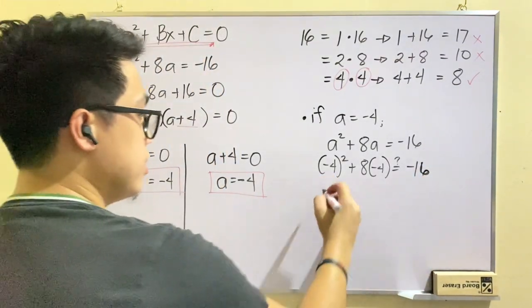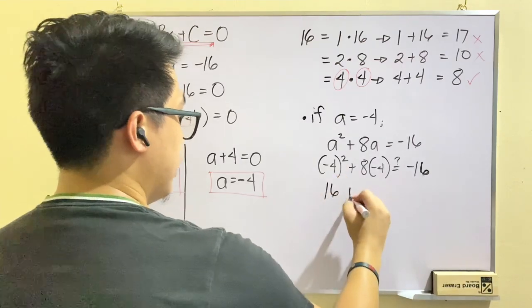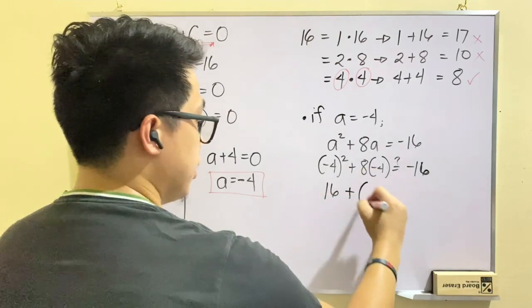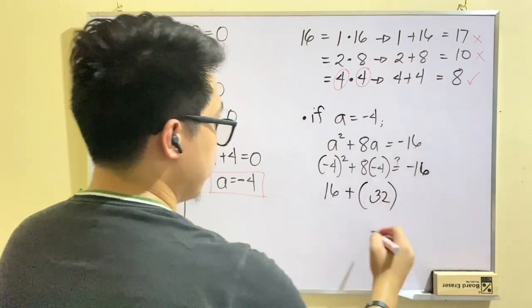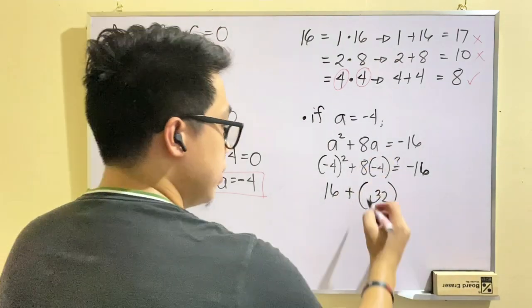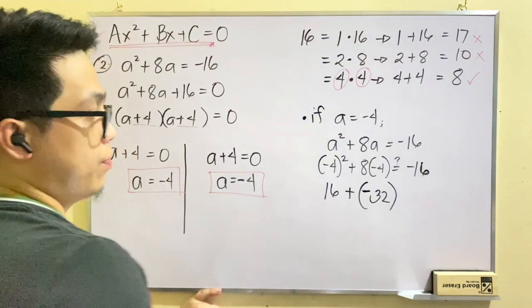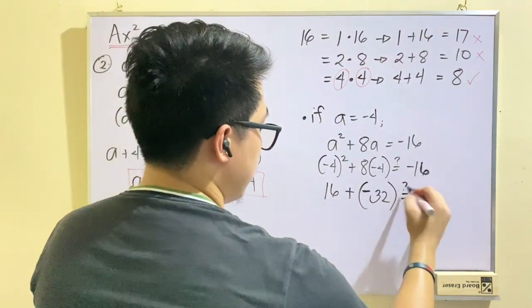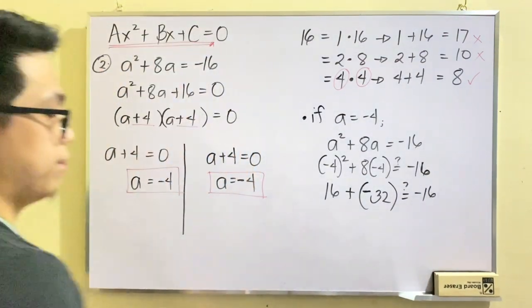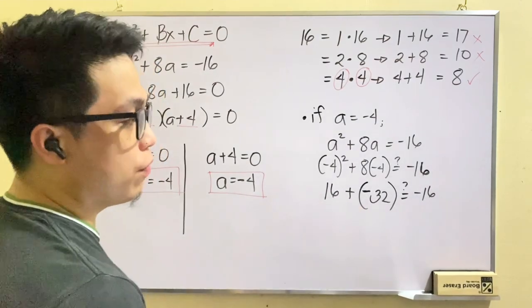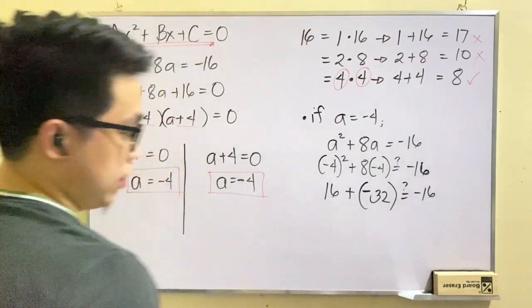Negative 4 squared is 16. Plus 8 times 4 is 32. Pero positive times negative is negative. Is it equal to negative 16? 16 plus negative 32, is it equal to negative 16?